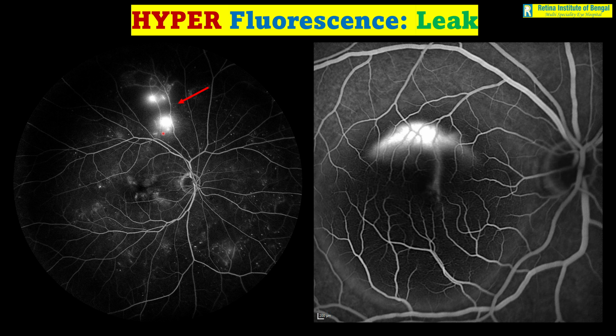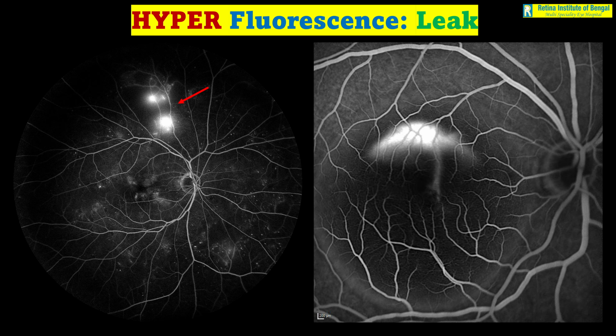And if somebody asks us to draw the boundary of a leak, it will be difficult, because if you see here, it's fuzzy. We can't really make out which is the border, because this area is also white, intensely white, but the area of whitening is extending beyond that localized white area.